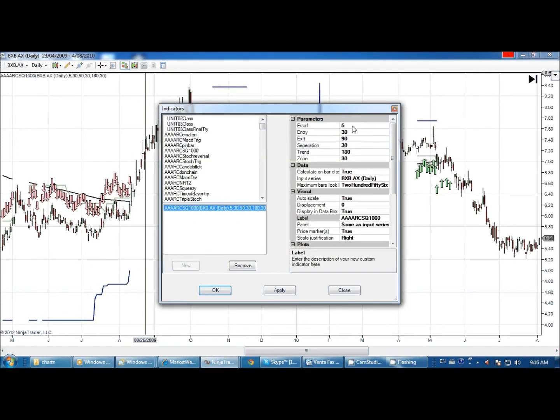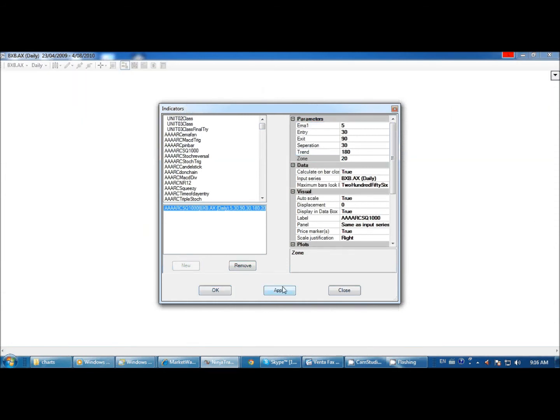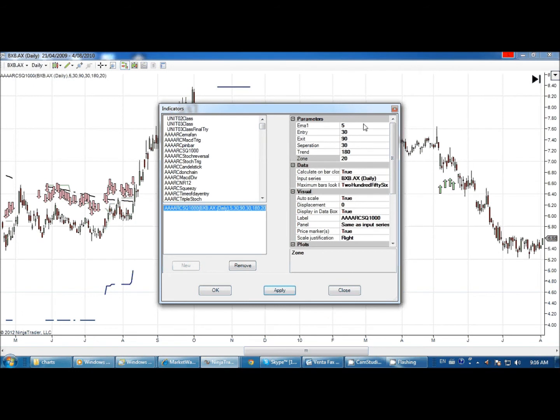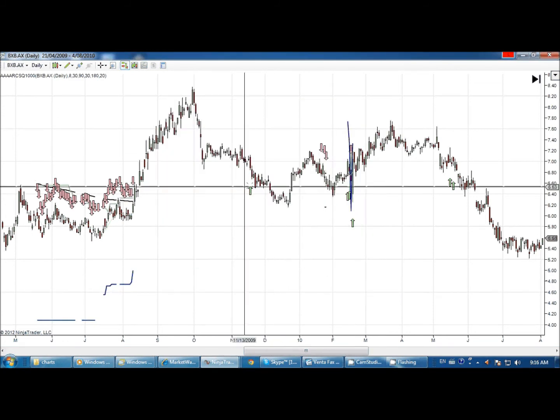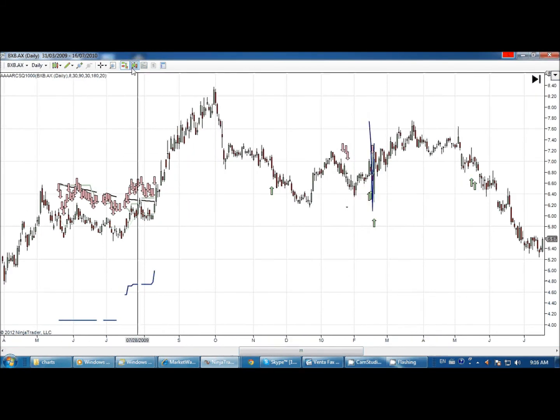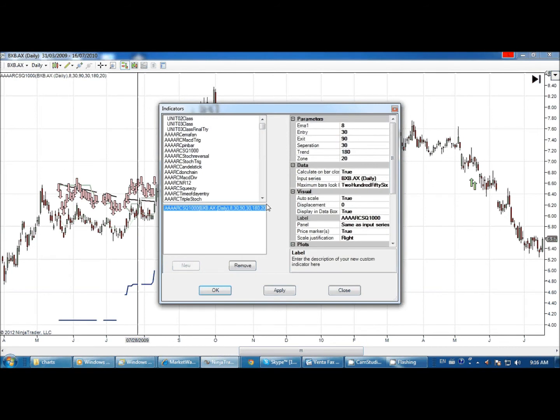So we would look at reducing the size of the zone so we're getting patches, a bit more patchy. And now we've lost the stuff over here, so we're going to have some little stuff in here.